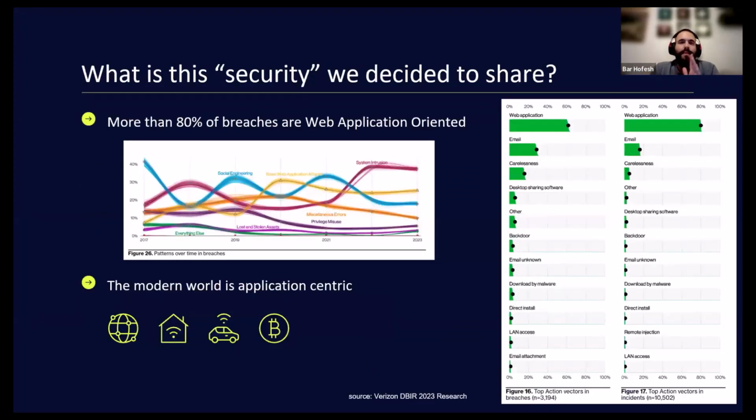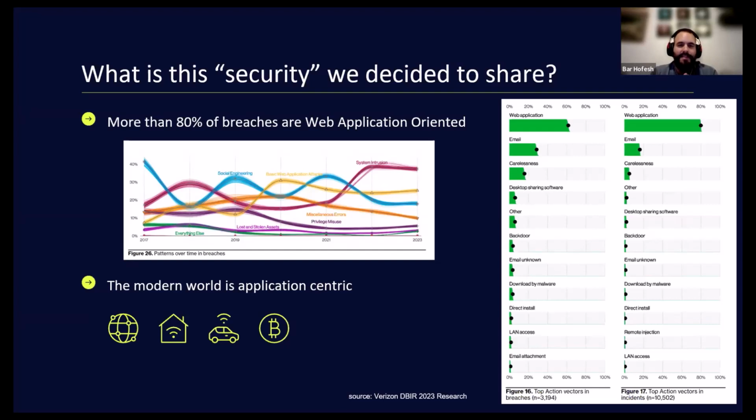So we're talking about security here, but what is that security, right? Security is a very large word. Usually when we talk about security in the pipeline or security as part of application development, we're talking about something called AppSec, or application security.